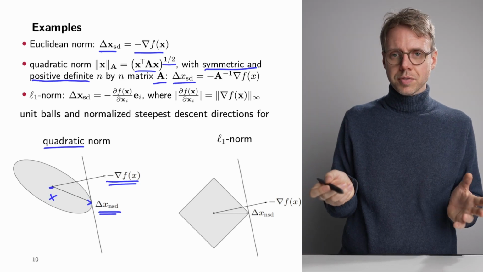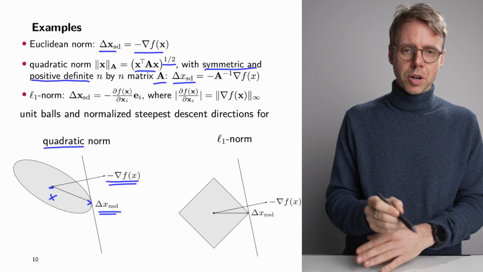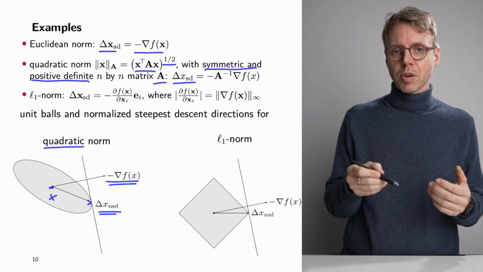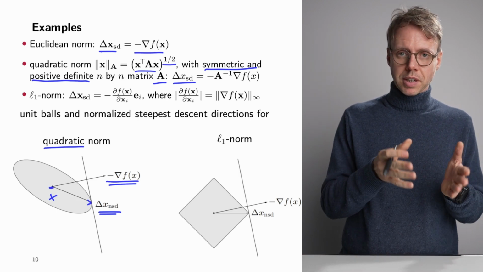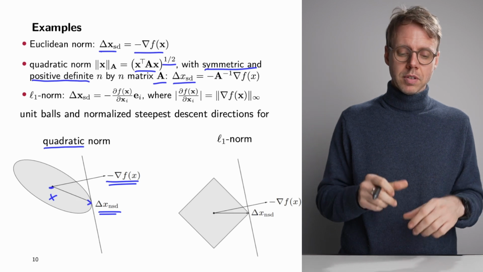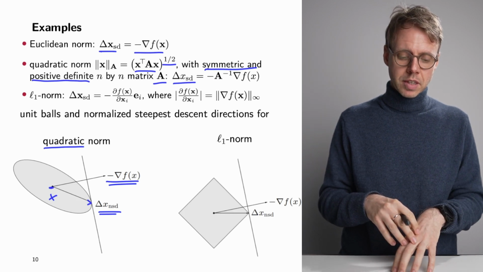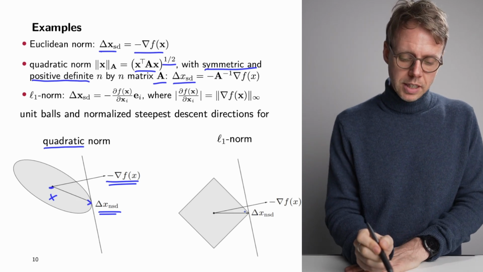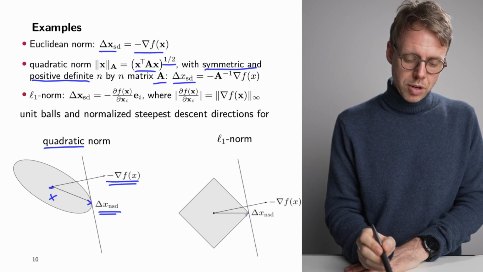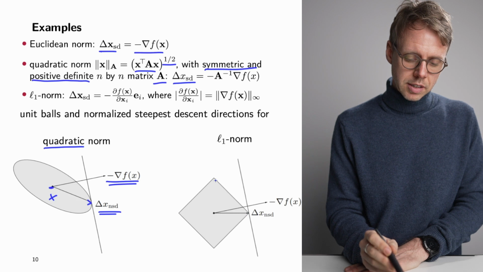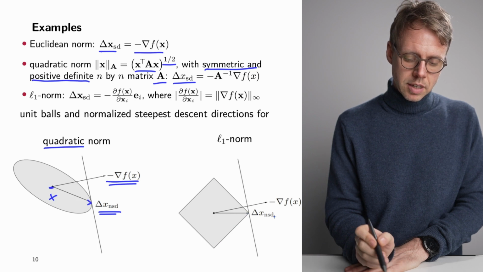An alternative norm to use would be the L1 norm, which is given by the sum of the absolute values of the vector that we're taking the norm of. Here we see the L1 norm. In this case, the level sets are these diamond shapes.